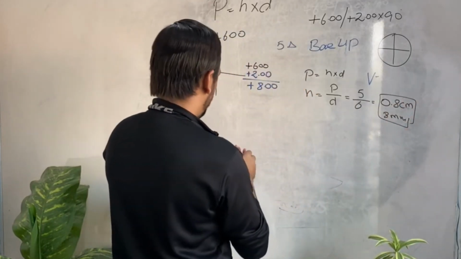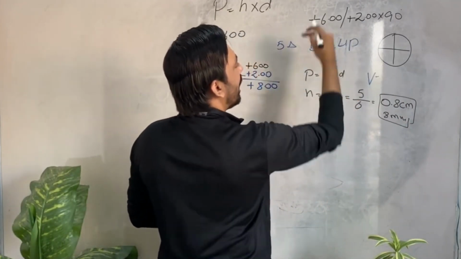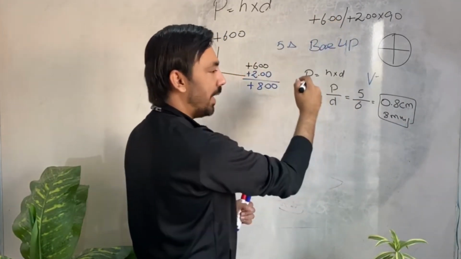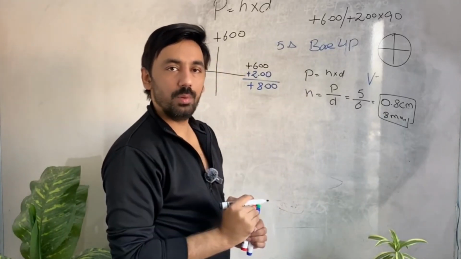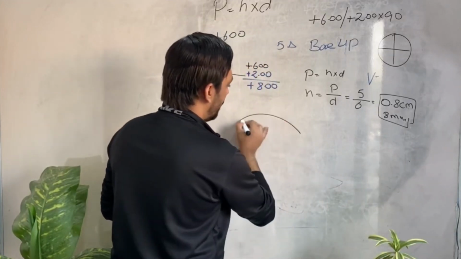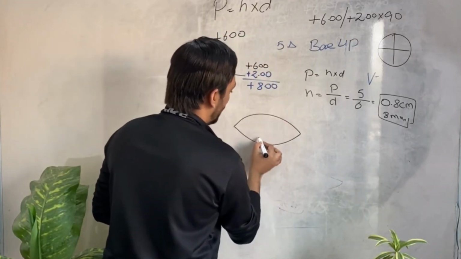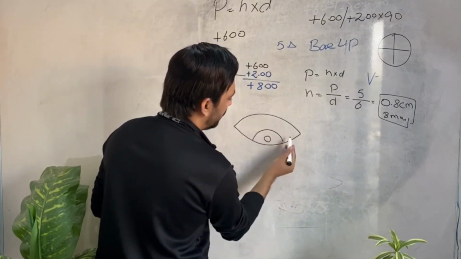And now, base up means the base is up, the apex is down, and if the apex is down, this represents that the deviation is downward, right? This is hypodeviation. So for example, if this is the eye, this is hypodeviation. You see, this is hypodeviation.